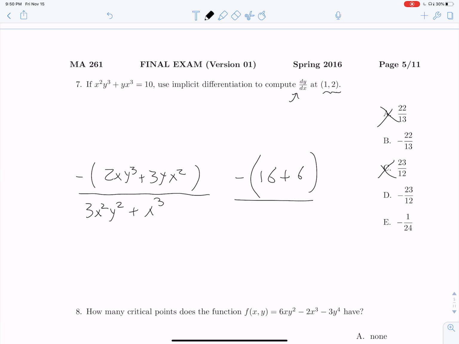Whoops. It's that time of the night. I cannot do basic math. Oh, yeah, 12 plus 1, sorry, and there's our answer, because this is going to be negative 22, and 12 plus 1, I'm still pretty sure is 13.